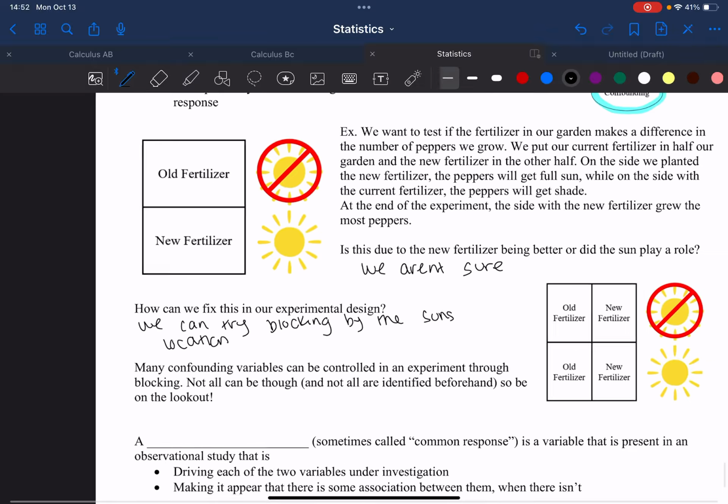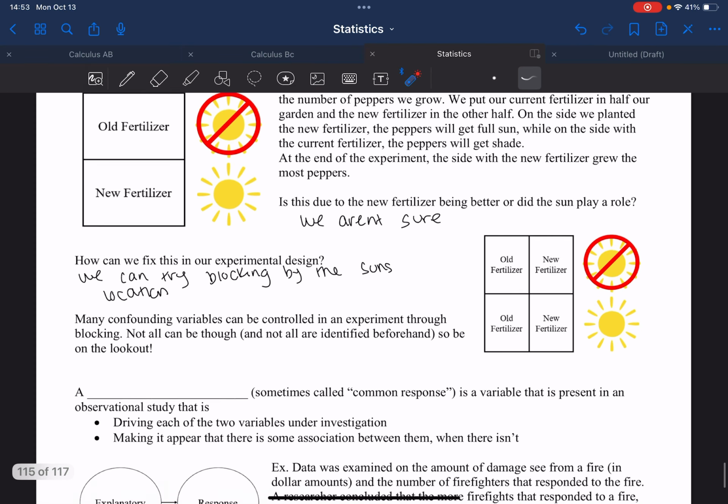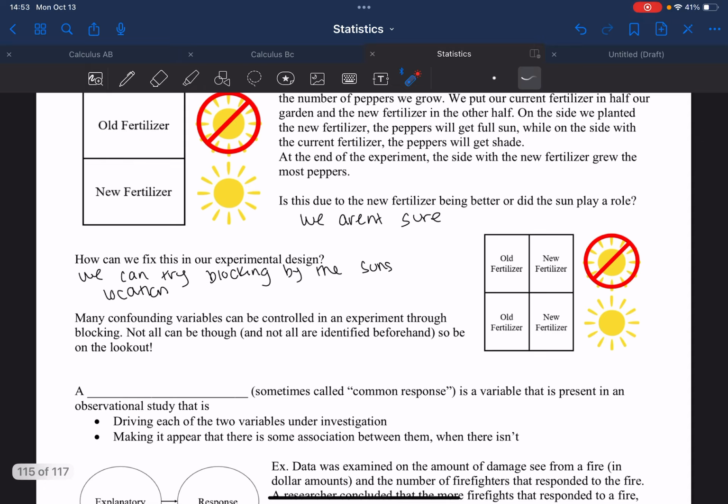What that means, instead of having old fertilizer, no sun, new fertilizer, sun, let's have both of them have no sun and both of them have sun and see if the sun actually makes a difference. Many confounding variables can be controlled in an experiment through blocking. Okay.